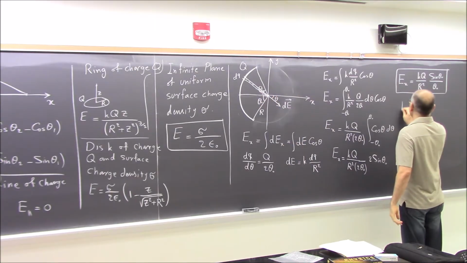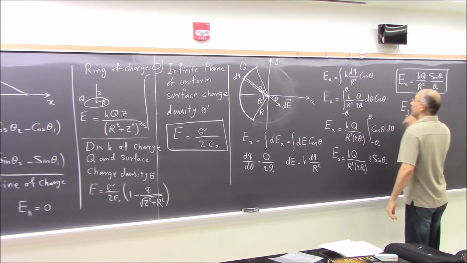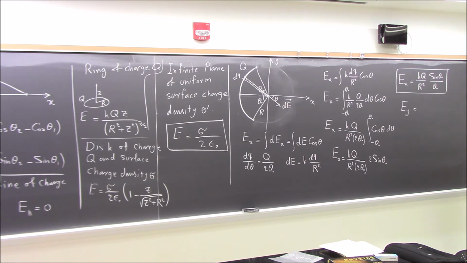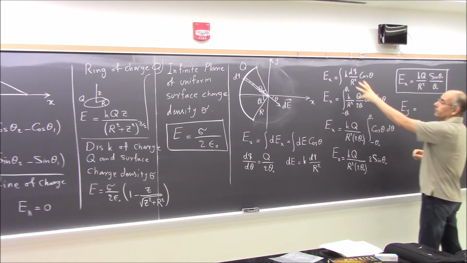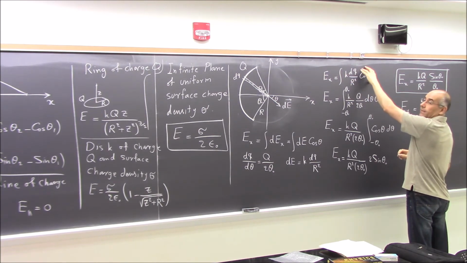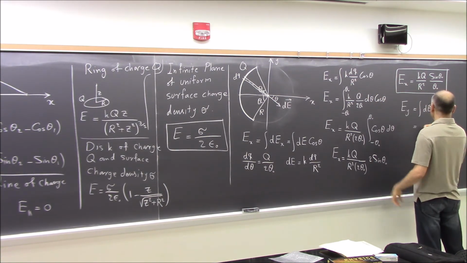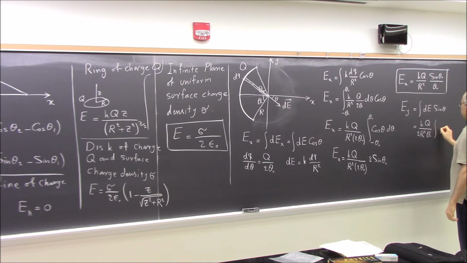So what is Ey in this case? Ey will be dE times sine theta, and integral sine theta d theta from negative theta naught to theta naught.